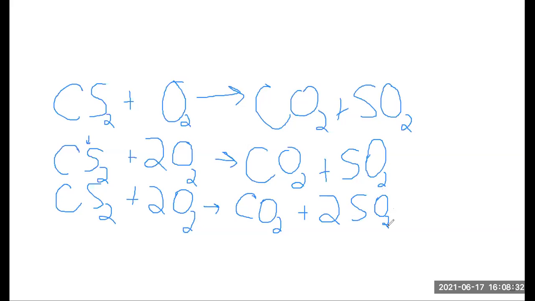Now I have 1 carbon each side, 2 sulfurs each side, but now I'm back to the problem that my oxygens don't quite match. I need to total them up. I've got 2 in my carbon dioxide, but since I have 2 molecules of SO2, I actually need to go back and change the coefficient in front of my SO2.